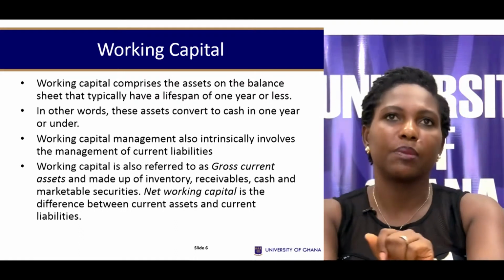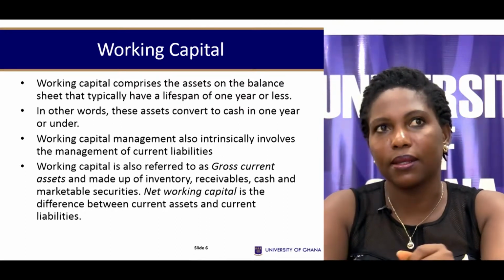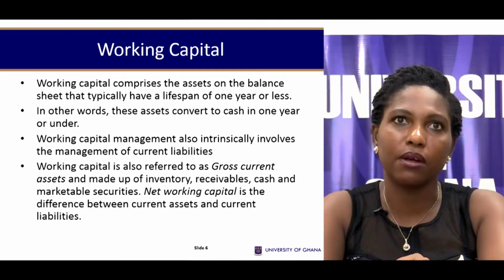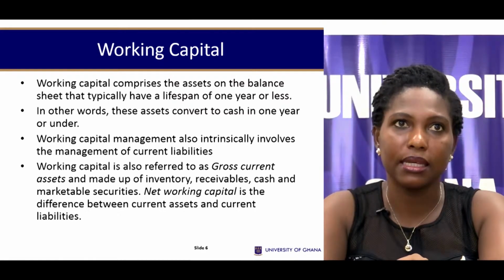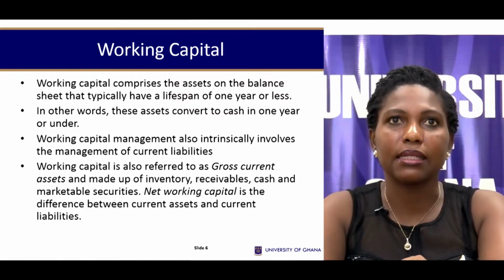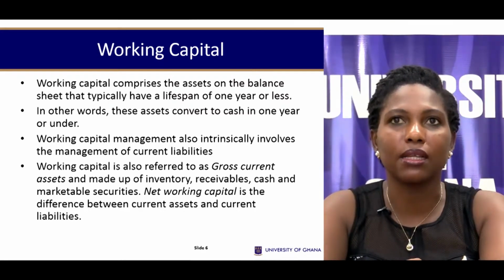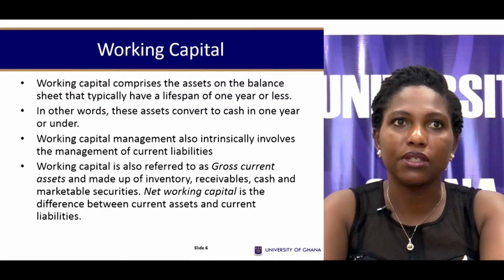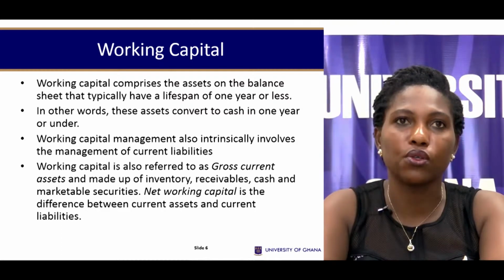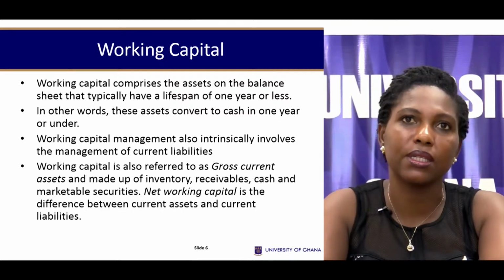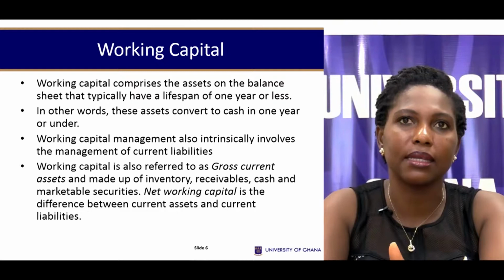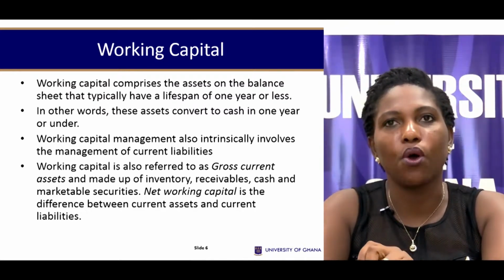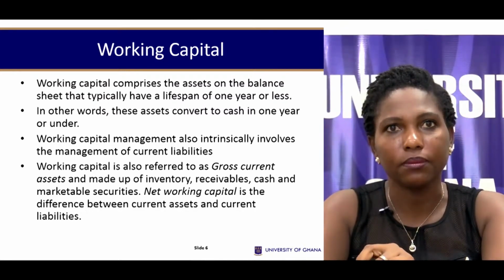Now, working capital typically comprises the assets on the balance sheet that have a lifespan of typically 1 year or less. In other words, these assets must be converted to cash in 1 year or under. So working capital intrinsically involves the management also of current liabilities, because these are assets belonging to others who show us as liabilities on our financial statements.